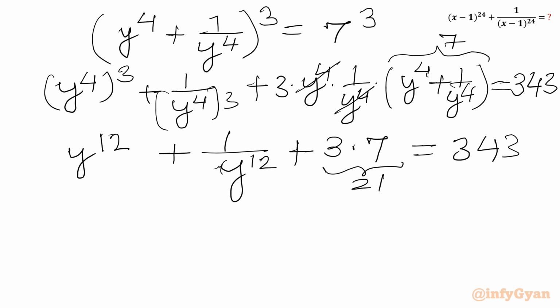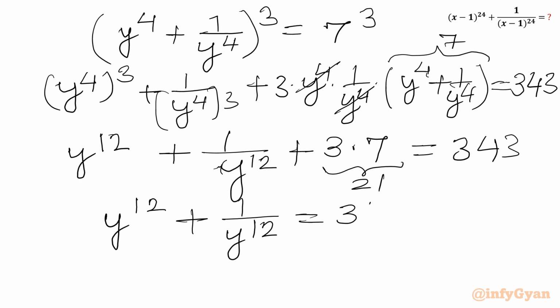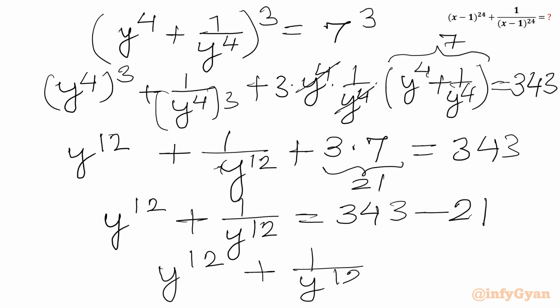Subtract 21 from both sides. So y power 12 plus 1 over y power 12 will be equal to 343 minus 21, or I can write y power 12 plus 1 over y power 12 equal to 322.